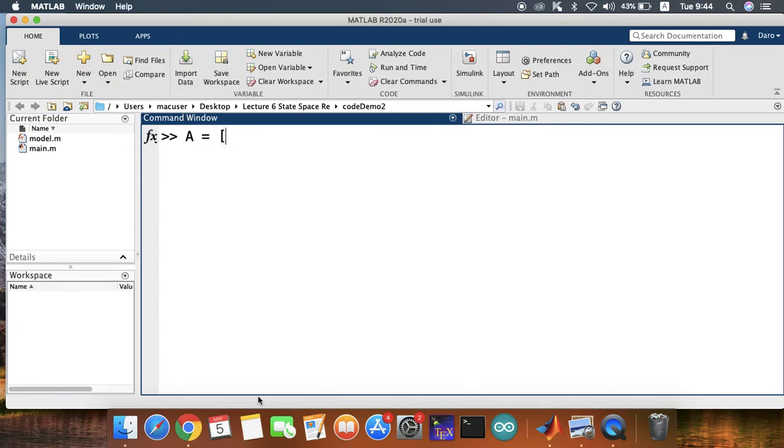So A again equals 0, 1, 0, semicolon, and then you can type directly 0, 0, 1. Okay. So this semicolon means this is in the second row. Third row minus 5, minus 25, and minus 5 again. Okay.